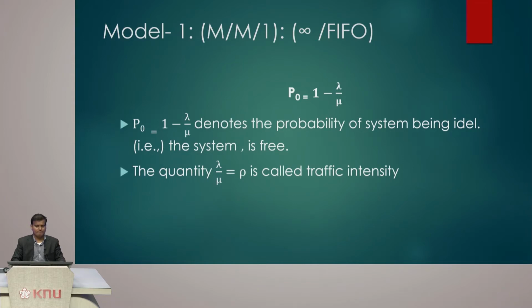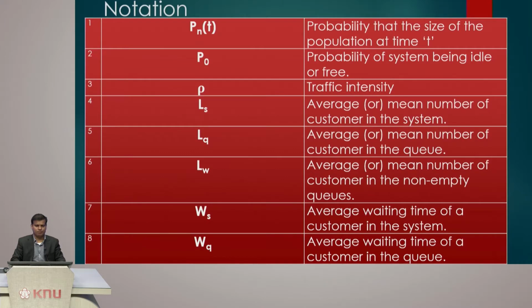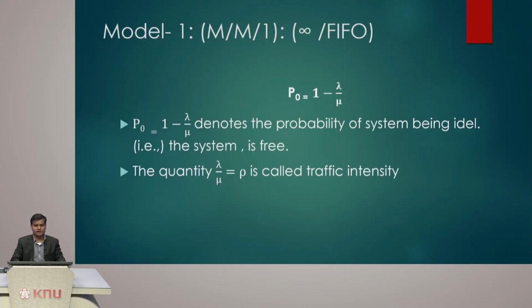So P naught, the probability of the system being idle, equals 1 minus lambda by mu. Remember, lambda is the arrival rate and mu is the service rate.